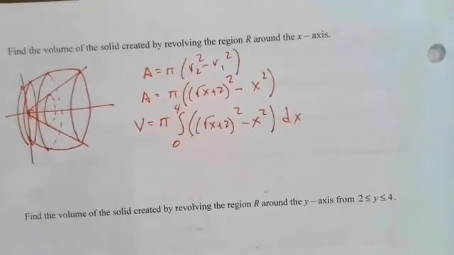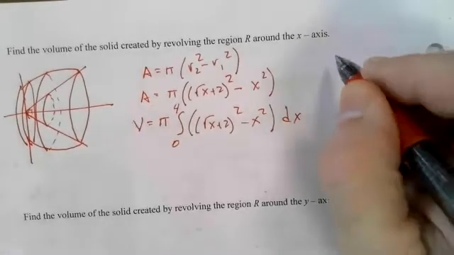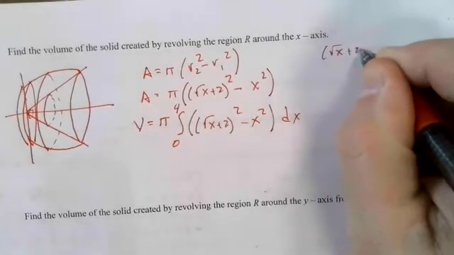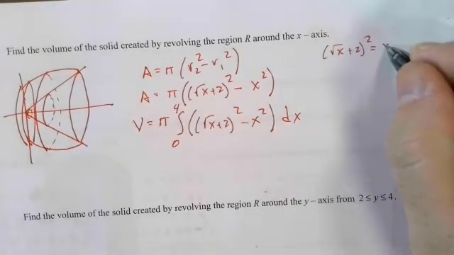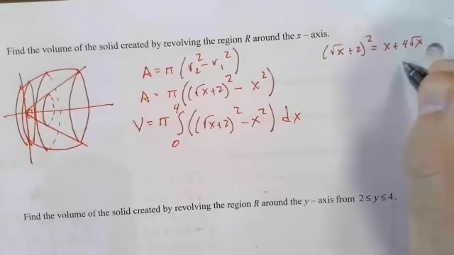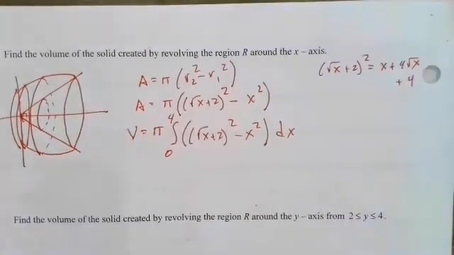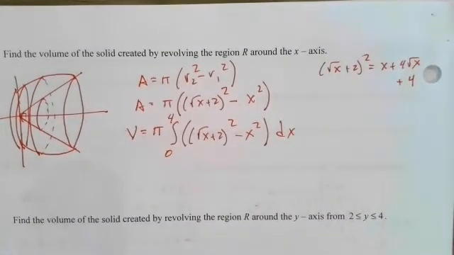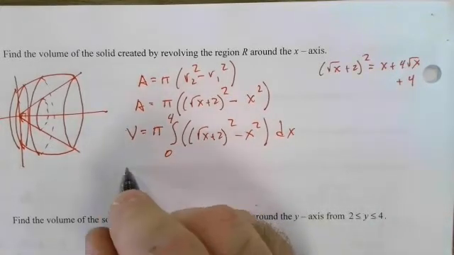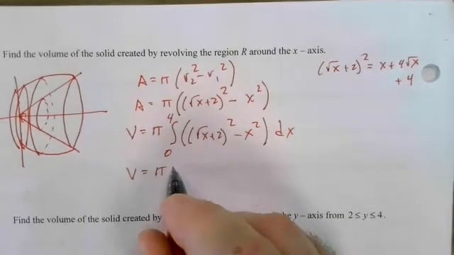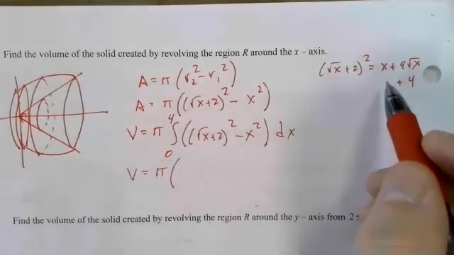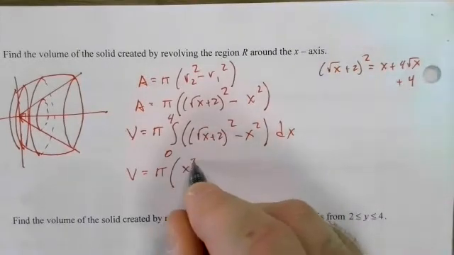All right. I'm going to go up here and say that root x plus 2, squared, is equal to x plus 4 root x plus 4. Then I'm going to go down here and integrate all that nonsense. So we get x squared over 2.